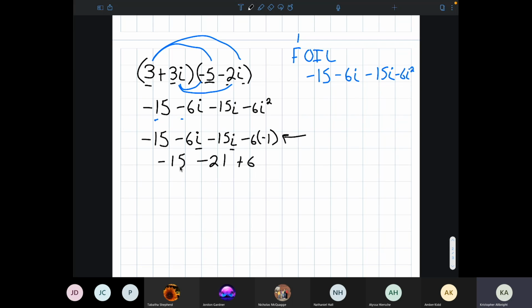Oh, sorry, I forgot my i right here. Now we can just, again, combine like terms. We just have two regular numbers. So 15 plus 6 is going to give me negative 9, minus 21i, which is going to be our answer. That's as simple as we can get this. Does that process make sense?